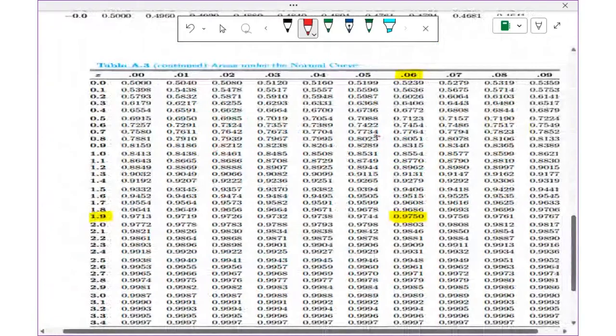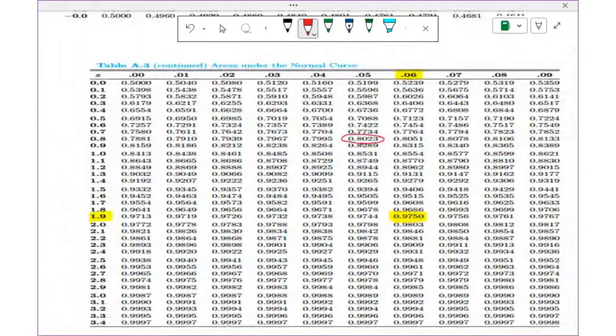Okay. So this is the nearest value to 0.8, which is 0.8023, and this value is coming out at 0.85.